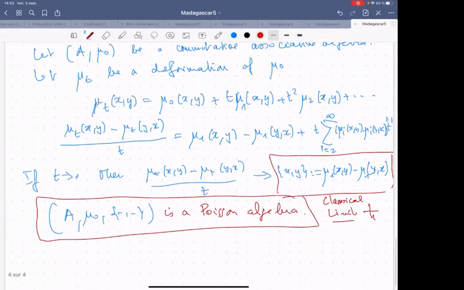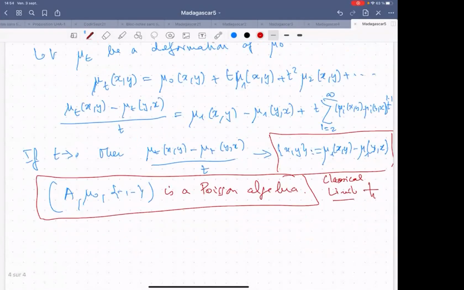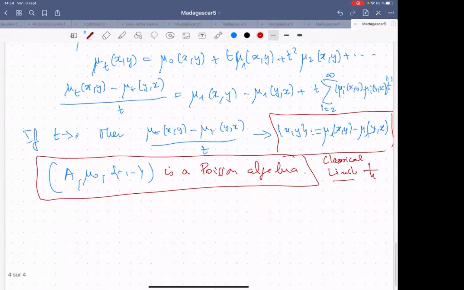But now, if you remember, I talked about quantization as motivation for this. I told you also that observables in classical mechanics define a Poisson algebra.